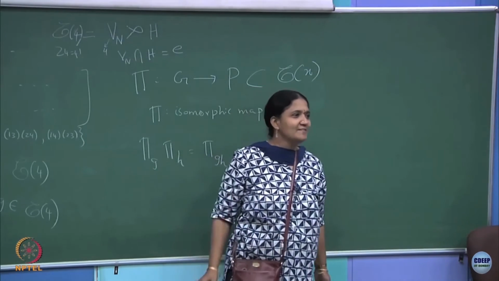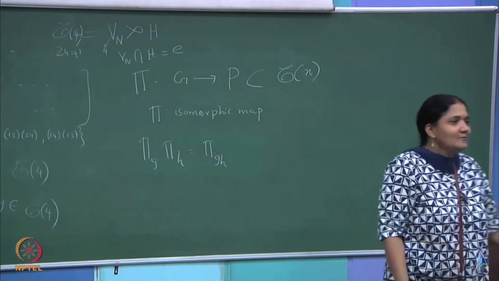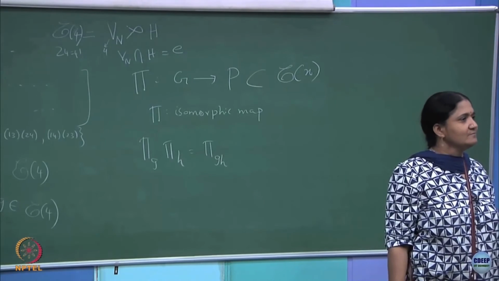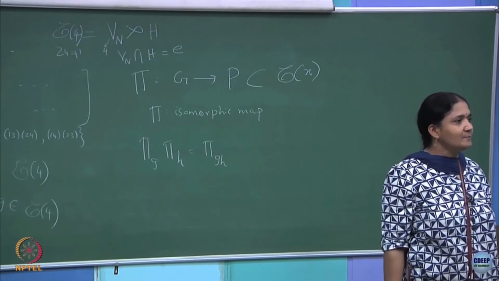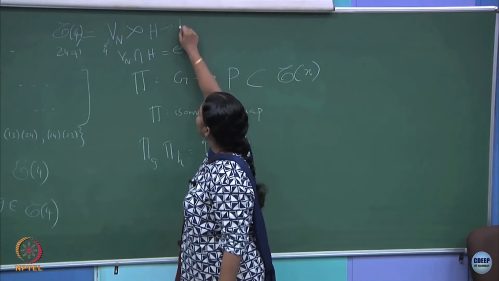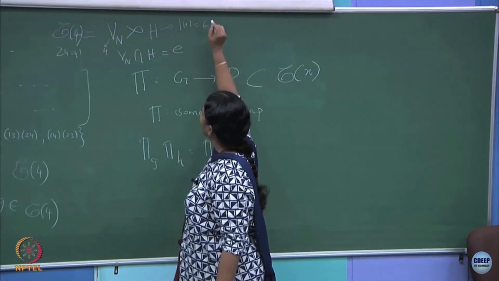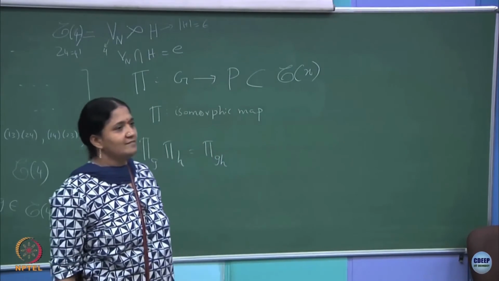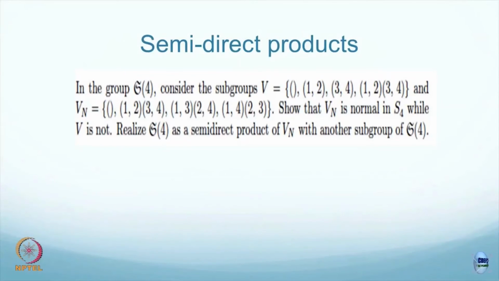Multiplied. What happens to the semi-direct product? It will also be multiplicative. So, which means this group should have order equal to 6.